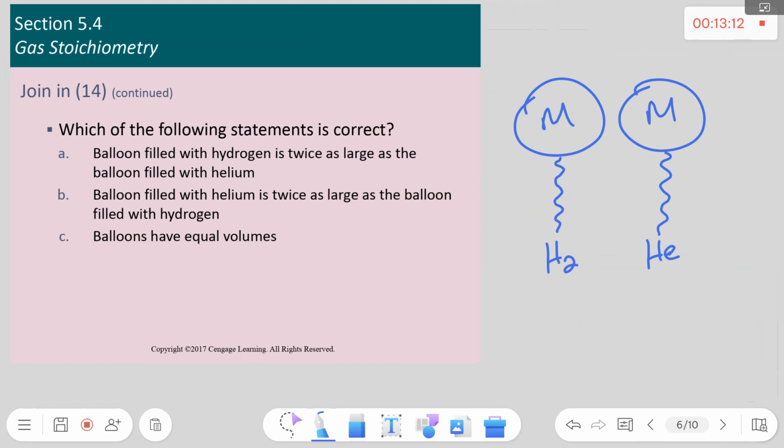Picture's not drawn to scale. Put the little asterisk down here. Not to scale.